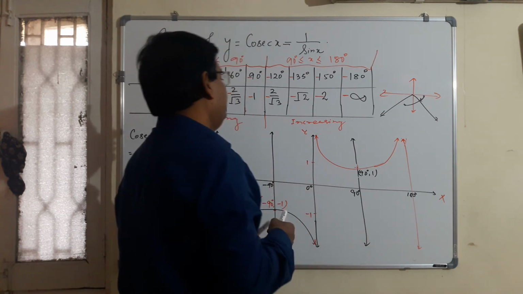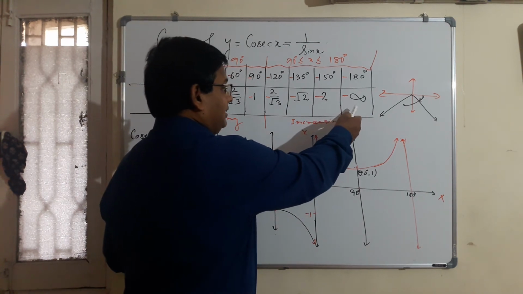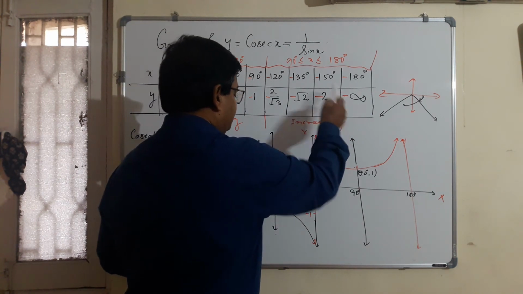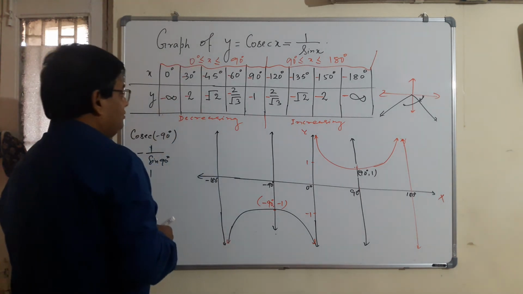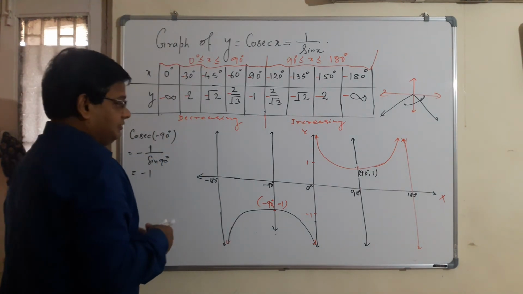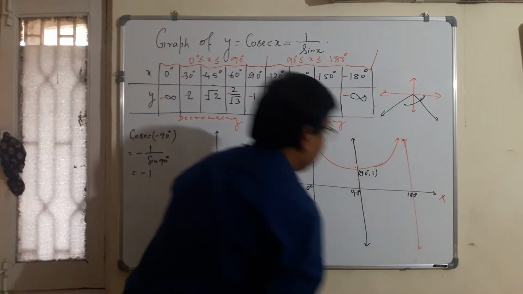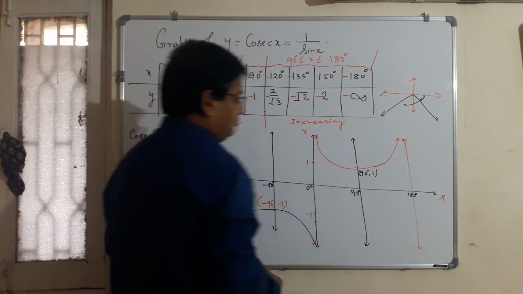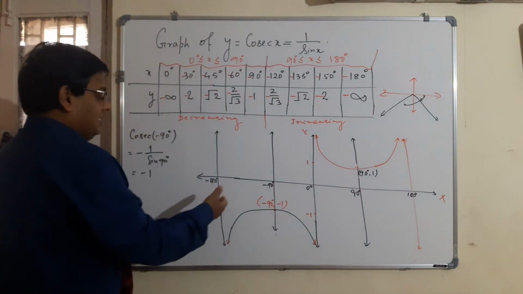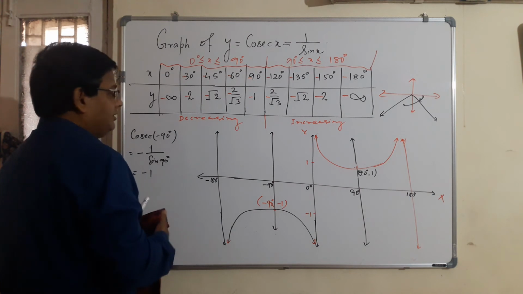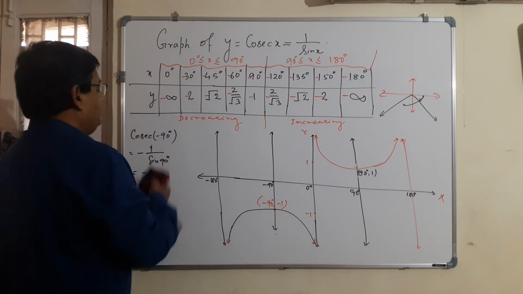You will get a very large value, but with a negative sign. So this is the graph of y is equal to cosec x. Similarly, you can draw for more than 180 and less than minus 120 degree. So your graph will be like this.